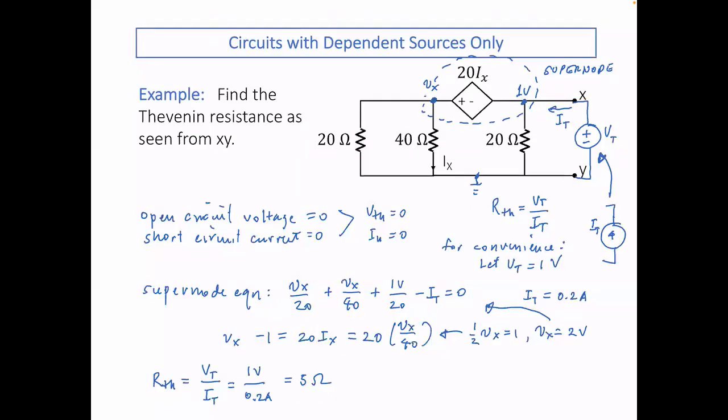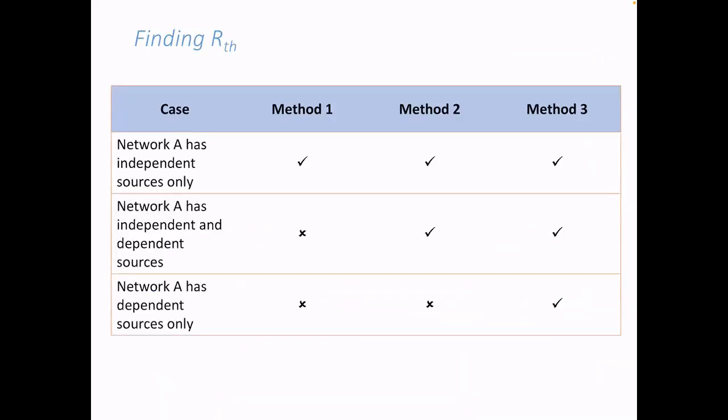So I seem to have a question. Okay, no, none. So anyway, these are the 3 methods that we discussed for determining RTH. The easiest method is method 1. This is getting the equivalent resistance, looking into the load terminals with all of the sources suppressed. But this will only work if your network has independent sources.